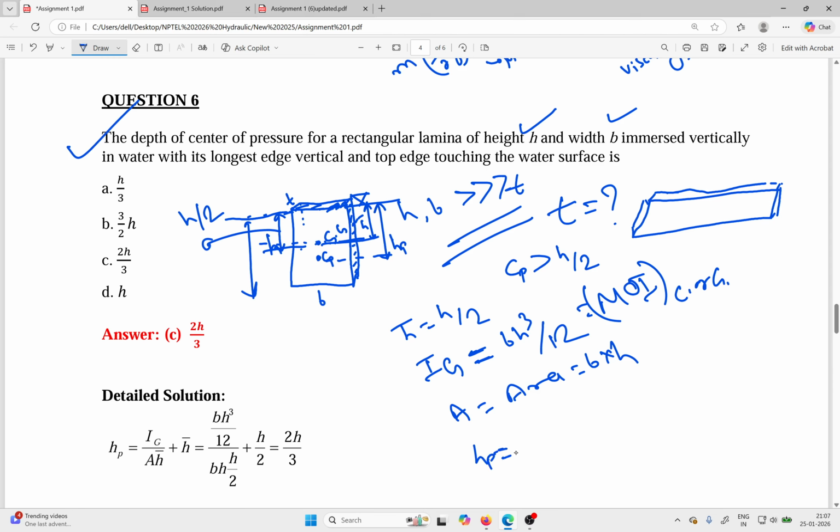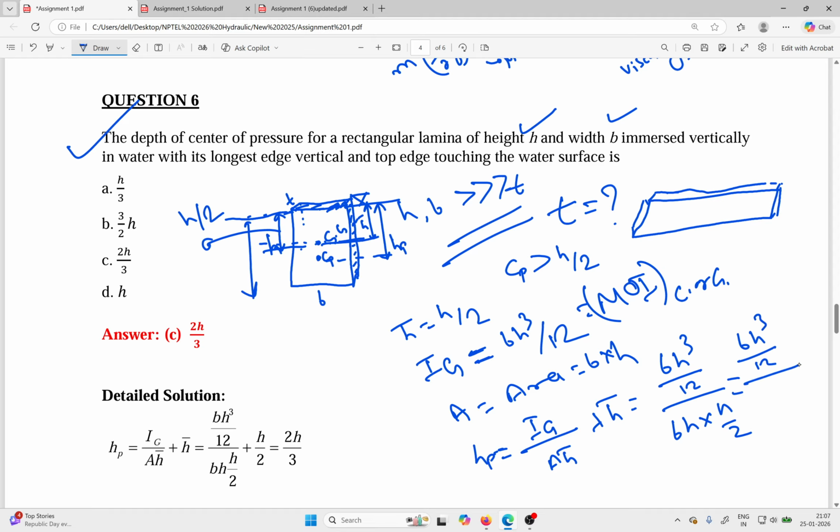Your hp is IG by A h bar plus h bar. That is bh cube by 12 divided by bh into h bar, where h bar is h by 2. So bh cube by 12 and bh square by 2. The b will cancel out, h will cancel, and only h by 6 remains, plus h by 2 is remaining.